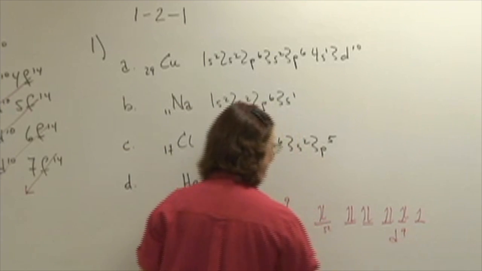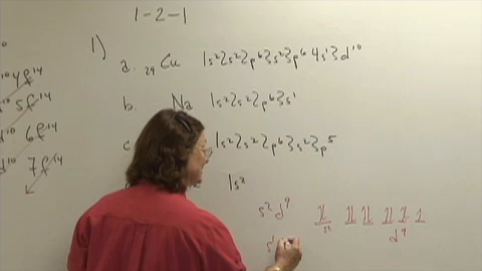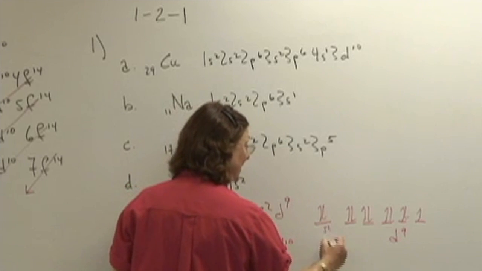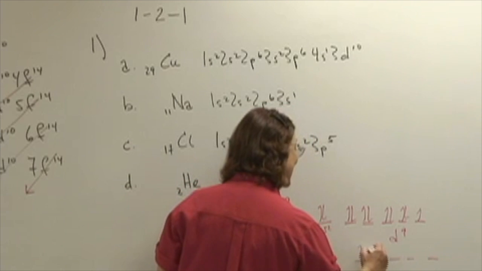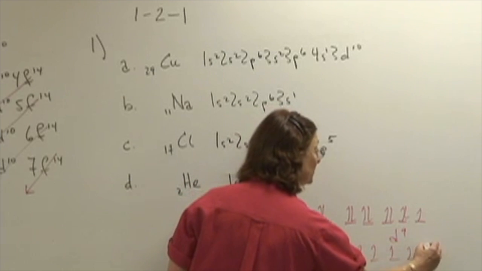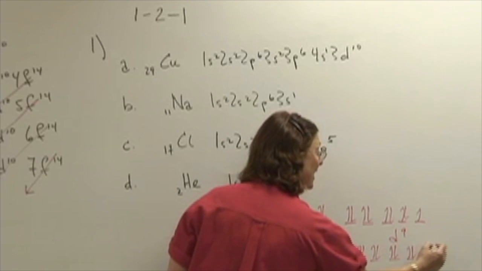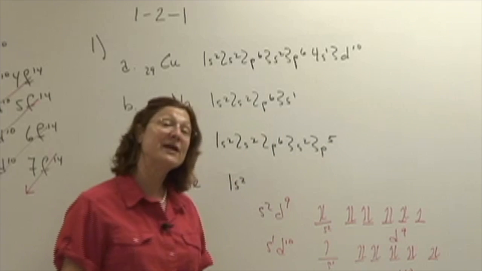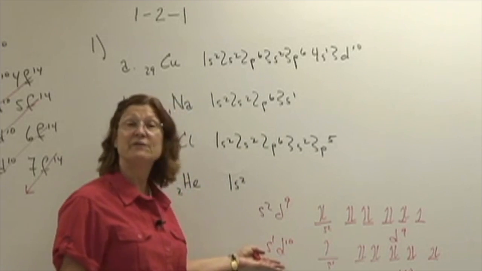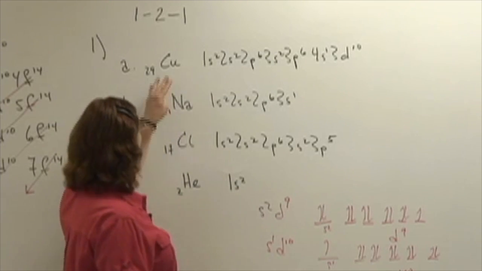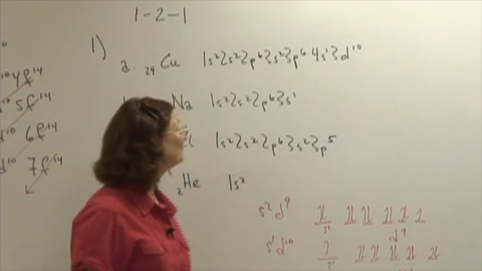That would be d9. However, in reality, what happens is that we get s1 and d10. We have 1 s electron, and we get 10 in the d orbitals. And that is a more balanced arrangement and has lower energy. And therefore, that is the electron configuration for that column. And for copper then, we have 4s1 and 3d10.